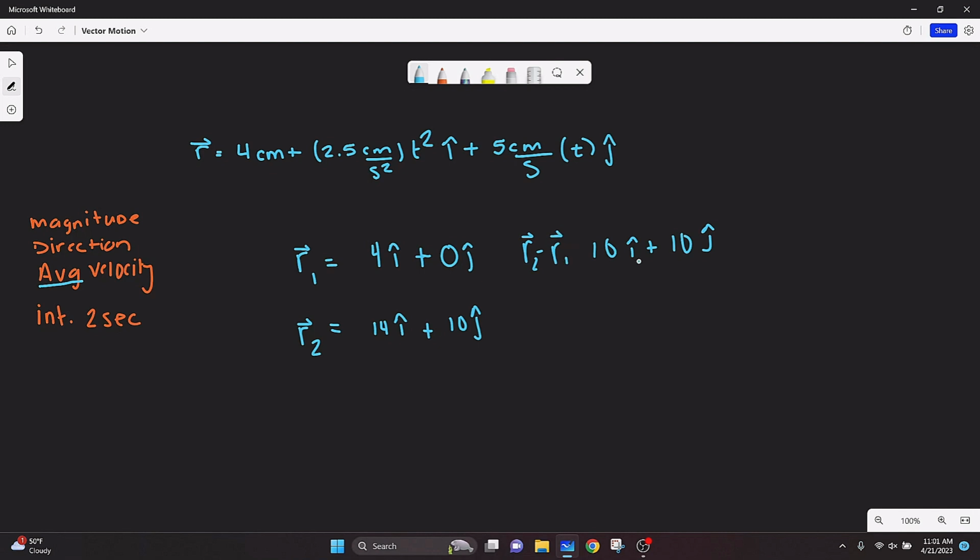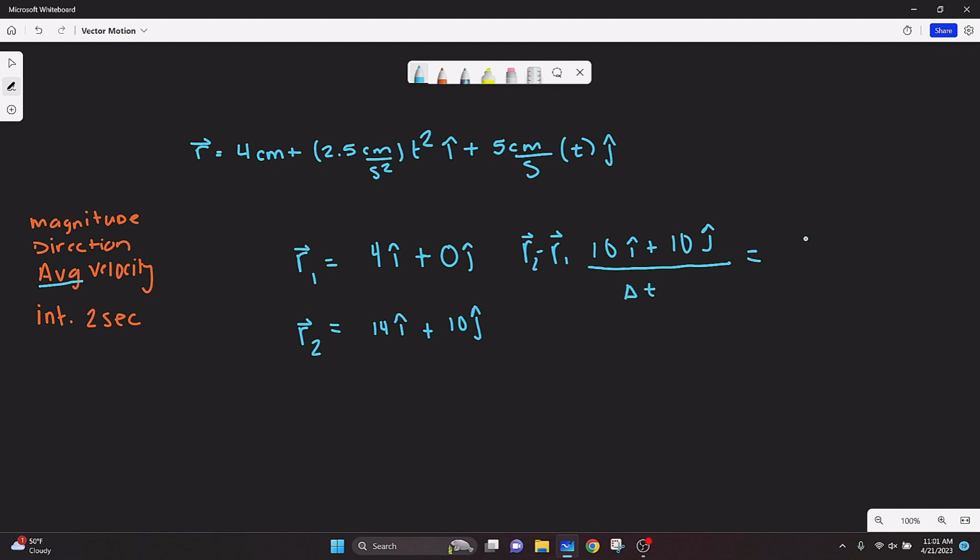Then we can find the magnitude of the difference between these vectors by using the Pythagorean theorem. But over our interval, we have to divide this by our change in t.